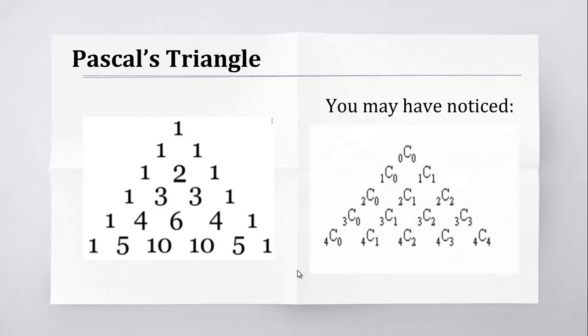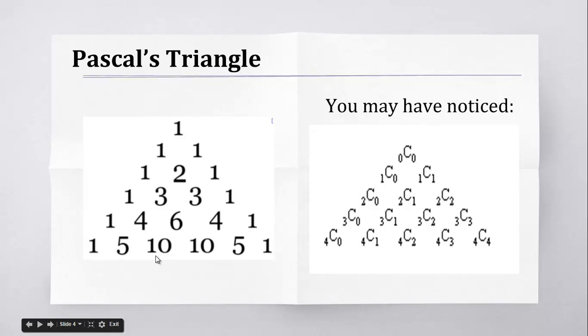You may have noticed, and this was from the question from the practice, and if you were working on that warm-up question, you may have noticed this. 0 choose 0 is 1, 1 choose 0 is 1, 1 choose 1 is 1, 4 choose 0 is 1, 4 choose 1 is 4.